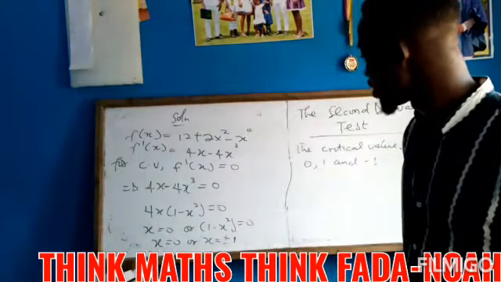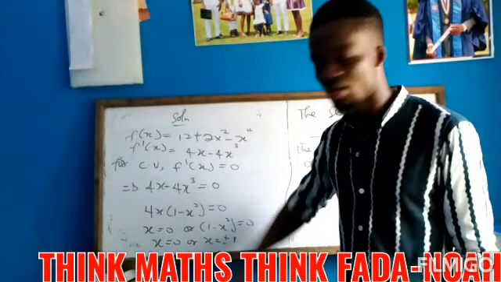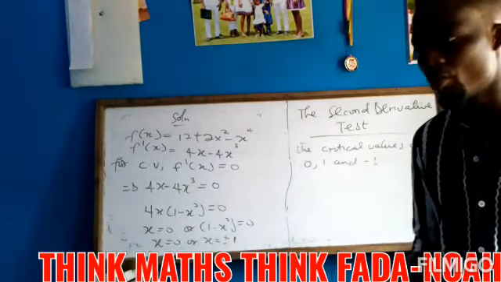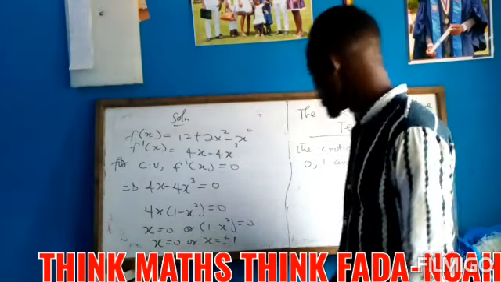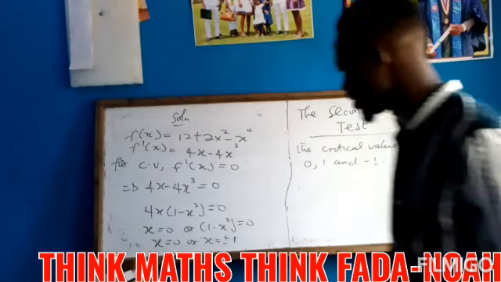The derivative is a polynomial, so there is no instance where it will be undefined. So we say that it is defined throughout its domain, and we strictly have our critical values to be what we found.